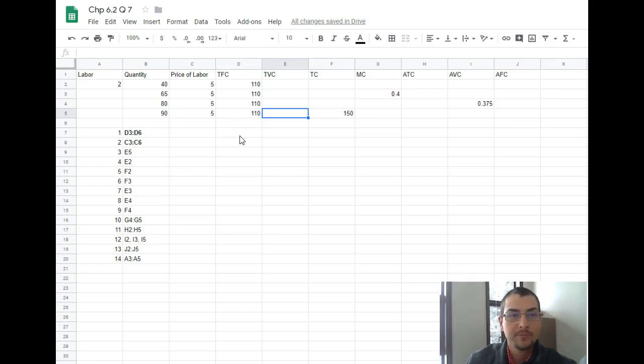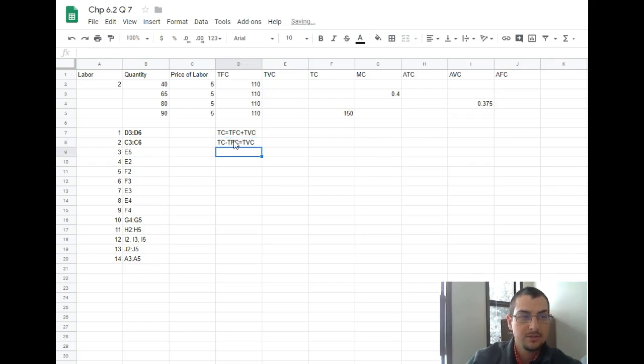If you remember, total cost is equal to total fixed cost plus total variable cost. So we can rearrange this formula to say that total cost minus total fixed cost equals total variable cost.